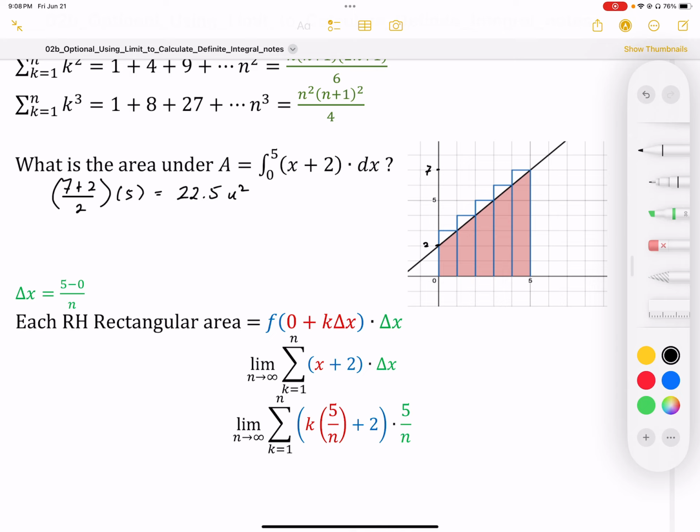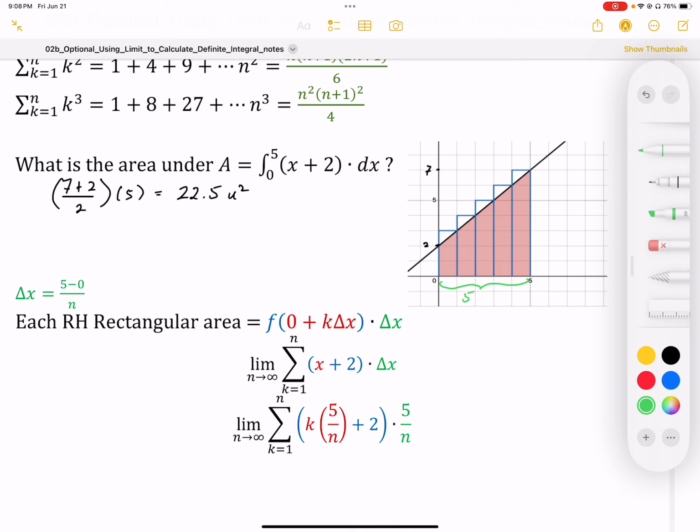So how do we apply the Riemann sums and apply a limit to the Riemann sums to get this exact same area? Okay, so we'll first establish that our delta x is going to be our interval width, which is 5, and we're going to divide that up into n number of rectangles.